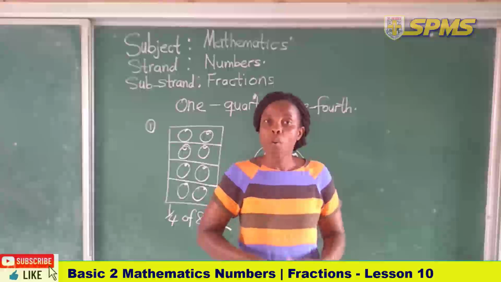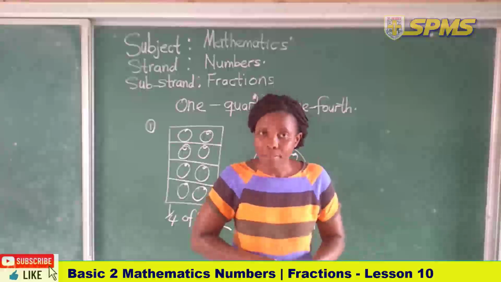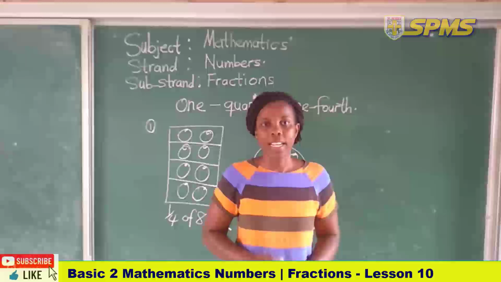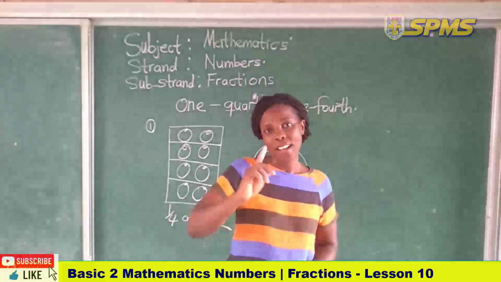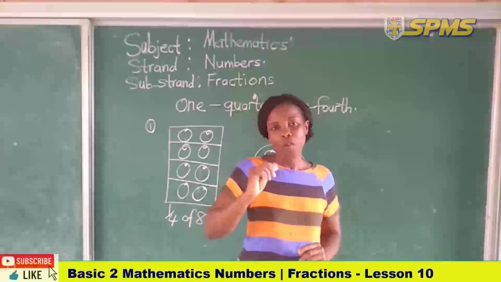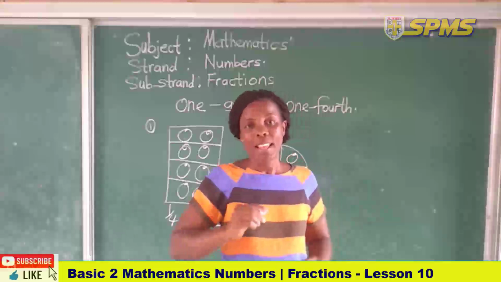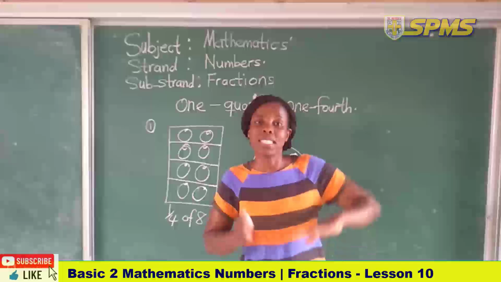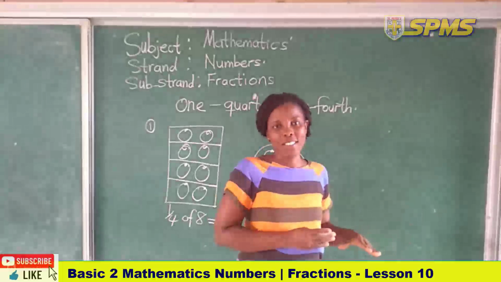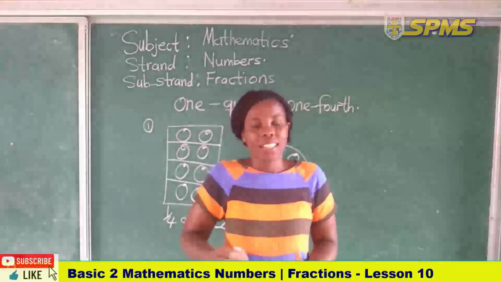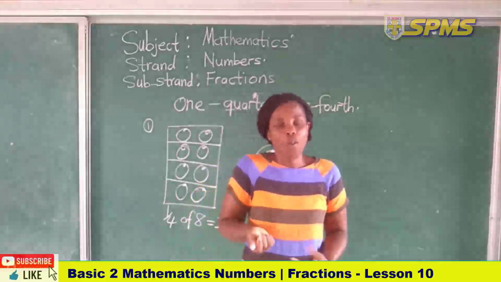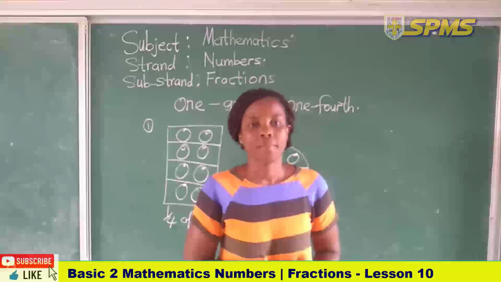The denominator always tells you the number in which the item has been divided. And the numerator always tells you the part that has been taken out. So it will tell you the shaded part. The shaded part will always take the numerator.